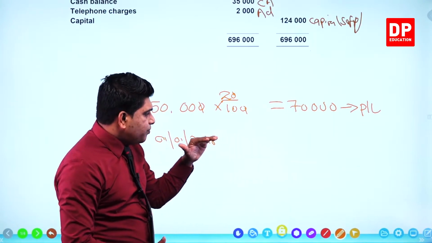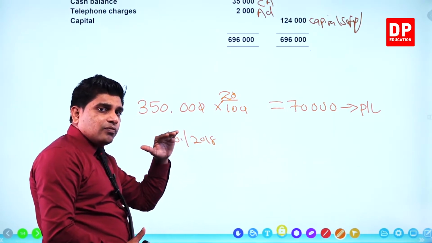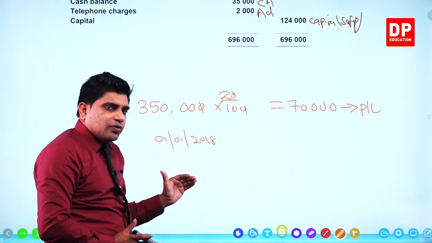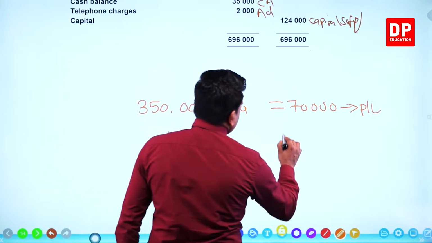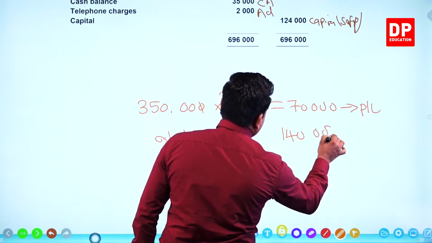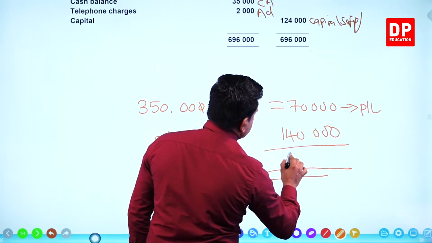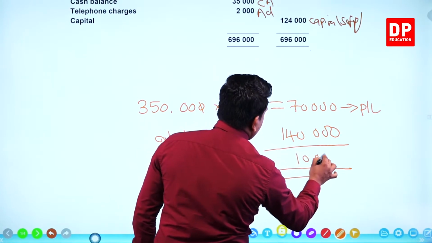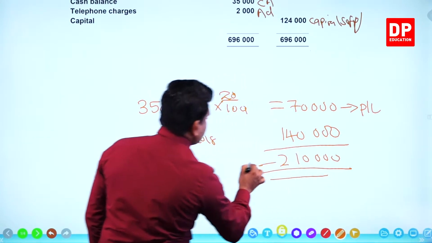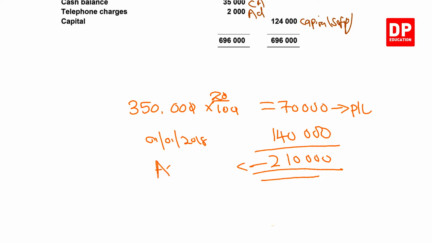But before 1st of January, the total depreciation is 140,000, right? Then how much is the accumulated depreciation? 210,000. This one goes to accumulated depreciation.